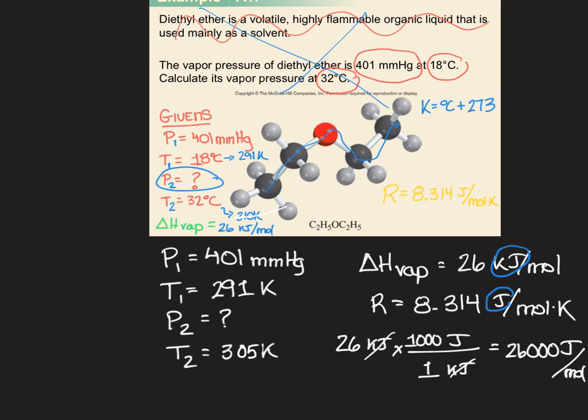Okay. I need to get P2 all by itself, in the numerator, all by itself. And I got this pesky thing called the natural log. Can you guys remember, what do I do to get rid of the natural log? Yep. If you forget, there's always a secret way.